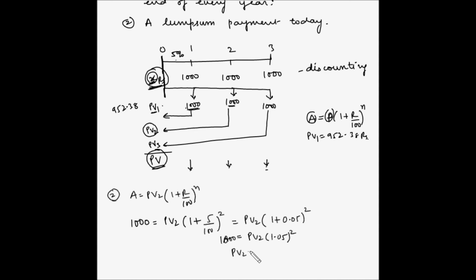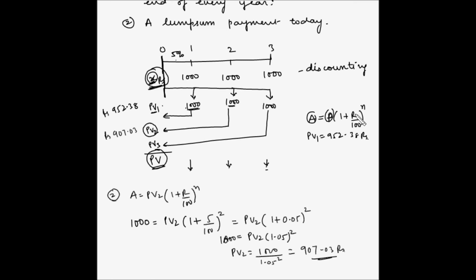So PV2 is equal to 1000 divided by 1.05 square. So this is equal to 907.03 rupees. Let's move to the third one.